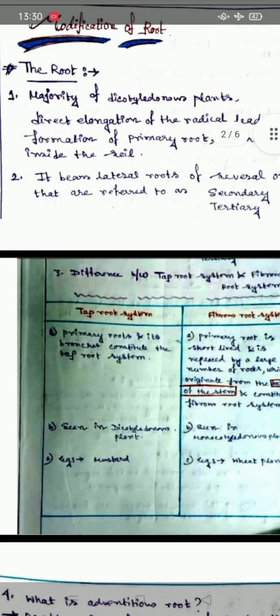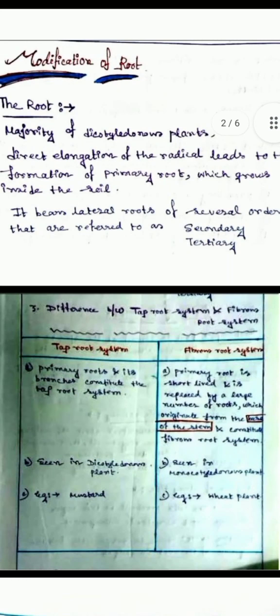Now, point number three. What is the difference between taproot system and fibrous root system? Taproot system: the primary root and its branches constitute the taproot system. Fibrous root system: the primary root is short-lived and is replaced by a large number of roots which originate from the base of the stem.